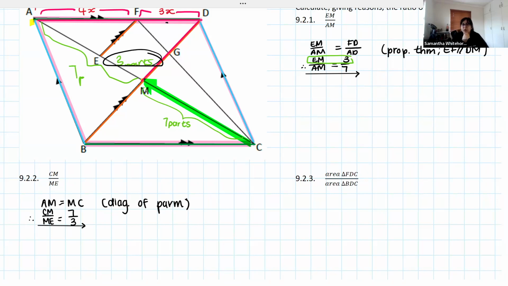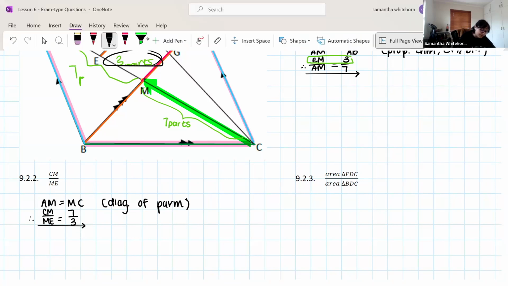Okay, 9.2.3 is one that I would classify as a complex question in this section. It's understanding or bringing in knowledge from a few different sections, but also just understanding what you're seeing on the diagram. So here, 9.2.3, we've been asked for the ratio of the area of triangle FDC to the area of triangle BDC.